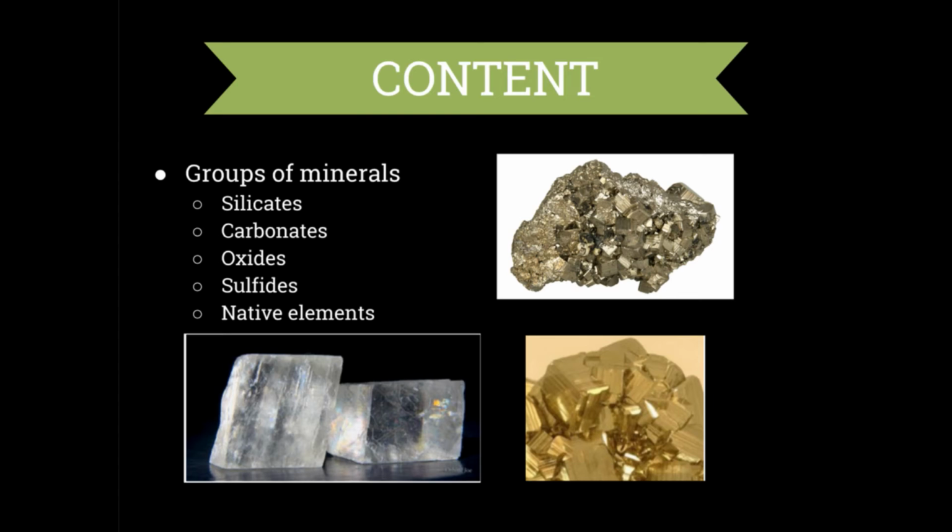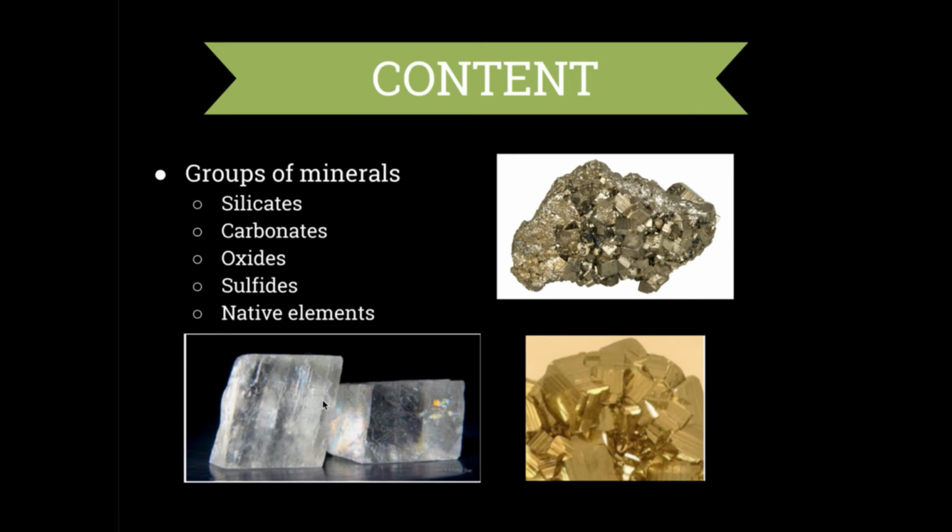In addition, there are also carbonates. They're created by metallic elements and the carbonate ion. Some examples could be limestone and marble. Right down here, that is, I believe, calcite. It's just an example.